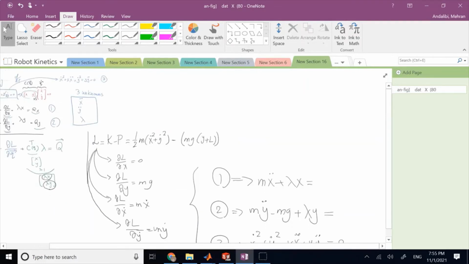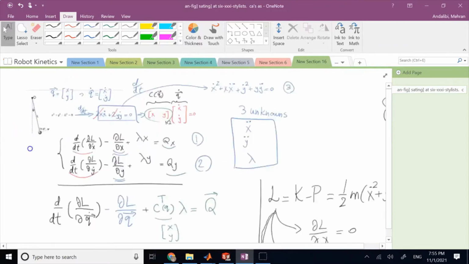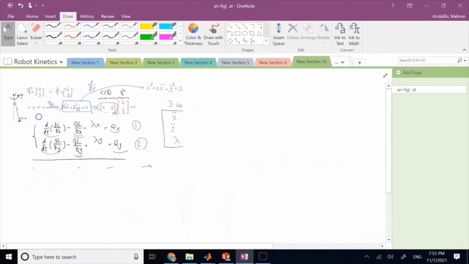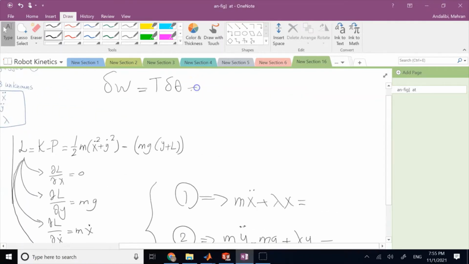And what are those? Well, clearly here, again, I use the variational approach. So the total work done by everything in the case of this pendulum, if you remember, the only thing I have is this external torque here, right? The mg is already considered in potential energy, so it's T times del theta. But what I want here is qx and qy, so it should be like qx del x plus qy del y.